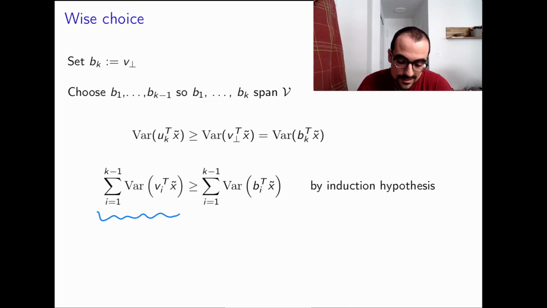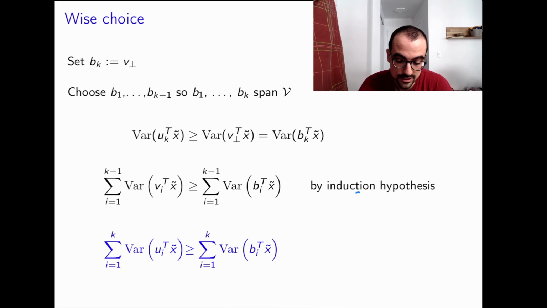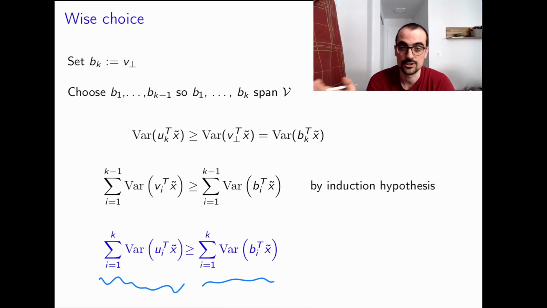So in particular, the variance that they capture is greater than these other guys that we have used to fill in the directions. So if we sum, now we have shown that by the induction hypothesis and the spectral theorem, the variance in the direction of the first k principal directions is greater than the variance in the direction of these other k vectors that span our subspace of interest.